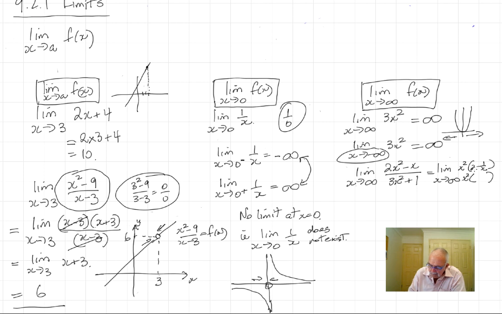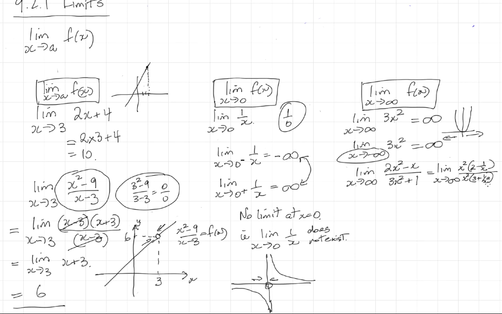So that's 2 minus 1 on x over, with x squared taken out the front, 3 plus 1 on x squared. The x squareds will cancel, so I'll just write that without the x squareds: the limit as x approaches infinity of 2 minus 1 on x over 3 plus 1 on x squared.